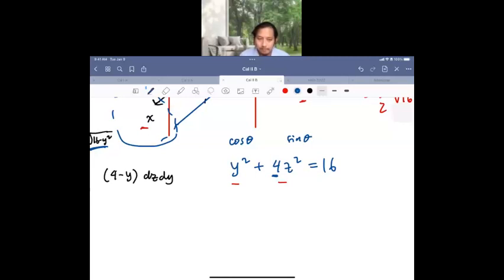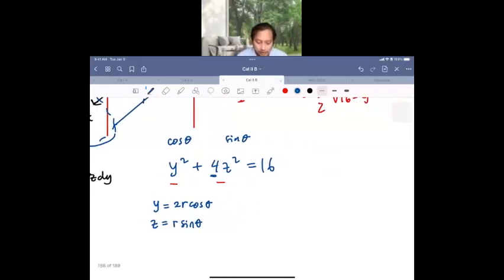To make these equal, we should write y as 2r cos theta and z as r sine theta, so that this becomes 4r squared cosine squared theta plus 4r squared sine squared theta. So r squared is 4, so r is 2. So we have a circle with radius 2 from this equation.